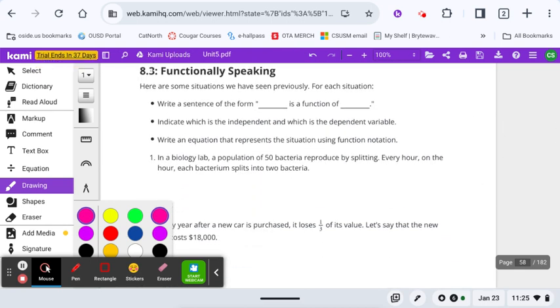So we're going to do that same sentence frame on these next ones. Blank is a function of blank.